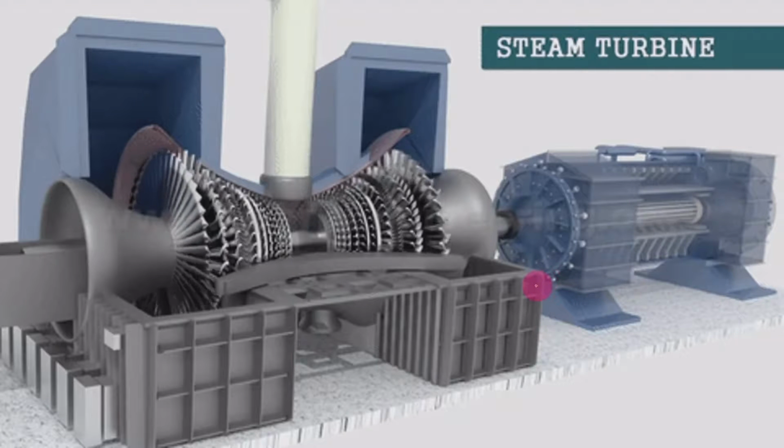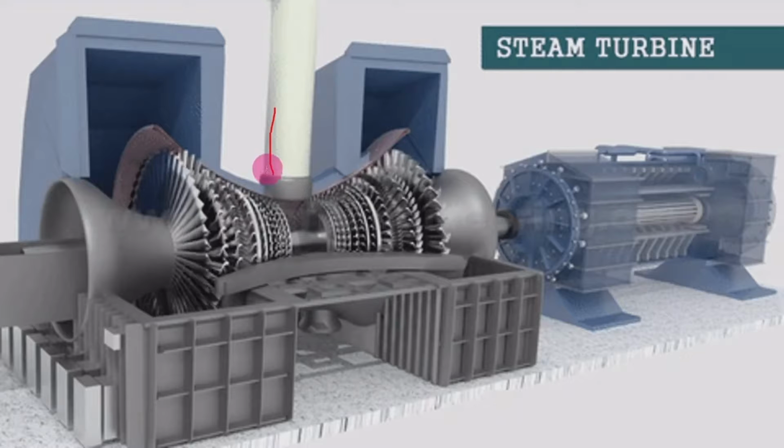Here I'll show you the single stage steam turbine animation. Here the steam enters at the center, and the steam expands on both sides, where varying sizes of turbine blades are used. Instead of using different stages, here varying sizes are used.